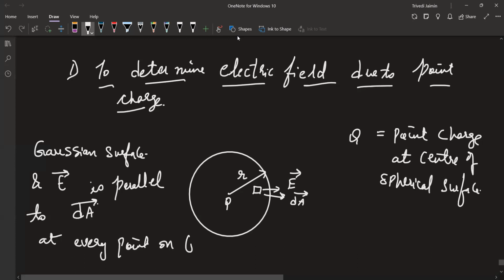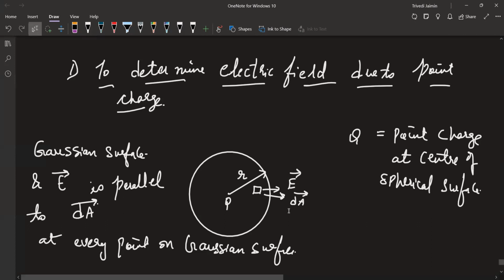Now, what do you mean by Gaussian surface? Can someone tell me? What surface will we say is the Gaussian surface? The surface that we choose for the application of Gauss law.